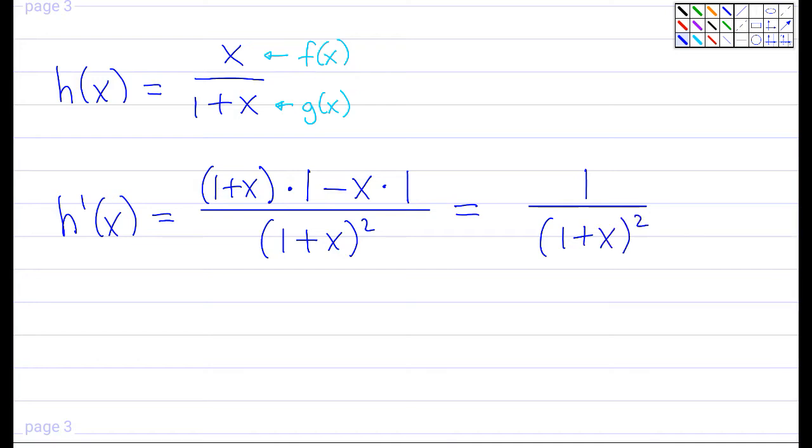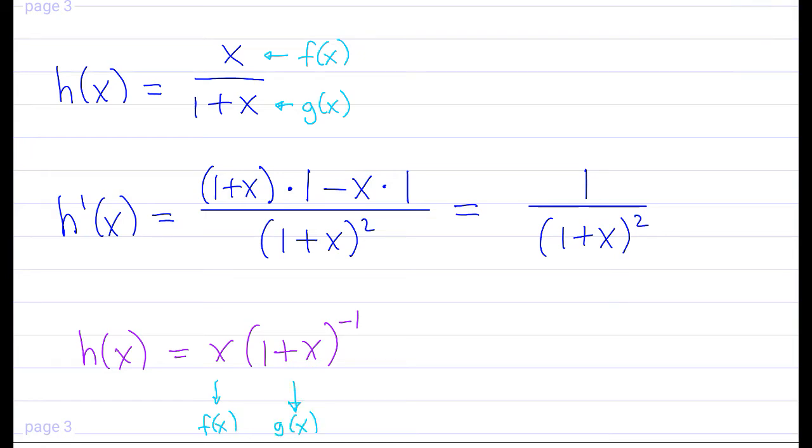Now, sometimes you'll talk to someone who's more experienced in calculus, and they'll say, oh, I never use the quotient rule. All I do is use the product rule, and I rewrite a function like this. So, for example, we could have rewritten h as x times 1 plus x to the minus 1, and then you can treat this function as f of x and this function as g of x and use the product rule.